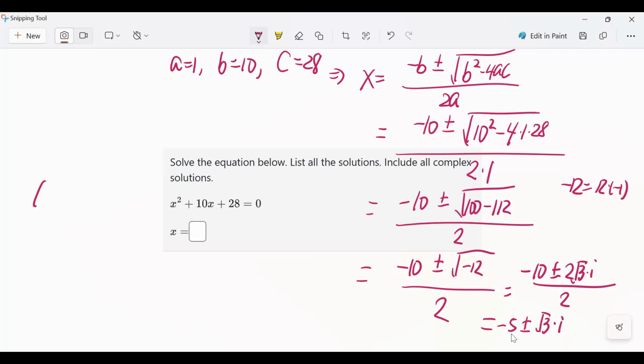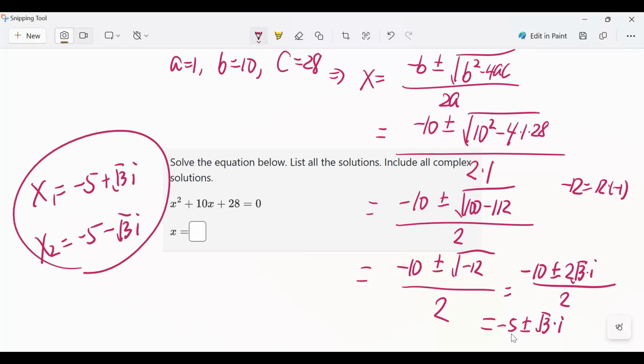So a couple solutions: x1 is minus 5 plus radical 3i. x2 is minus 5 minus radical 3i. Yep, any question?